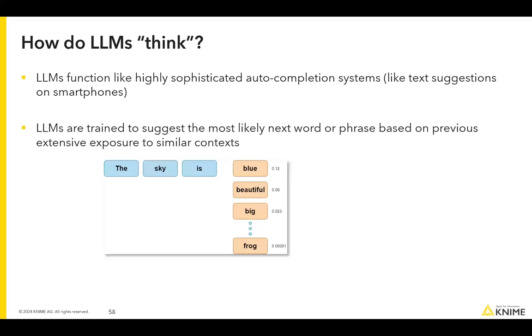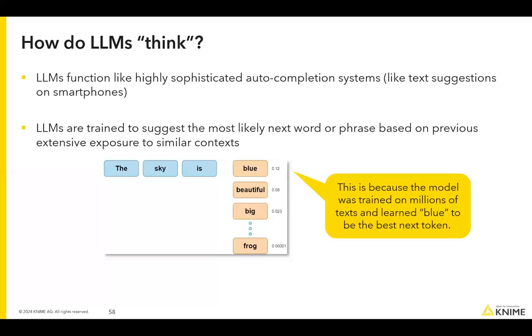In the slide you see the example: "the sky" is our initial string of text, and the model learns, because it has seen it during training over millions of texts, the most likely next word, which for example would be "blue". That's exactly how the model learns and predicts the next word. So after, for example, "the sky is blue", there might then be another word.